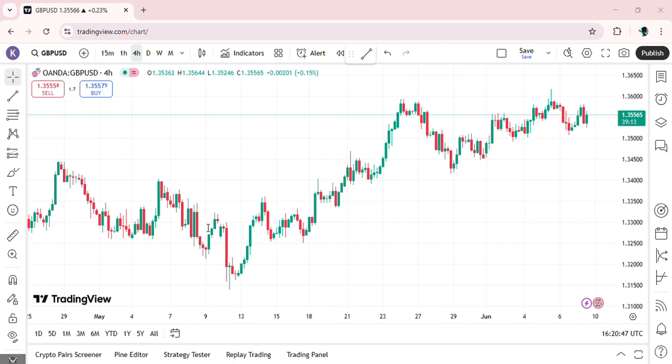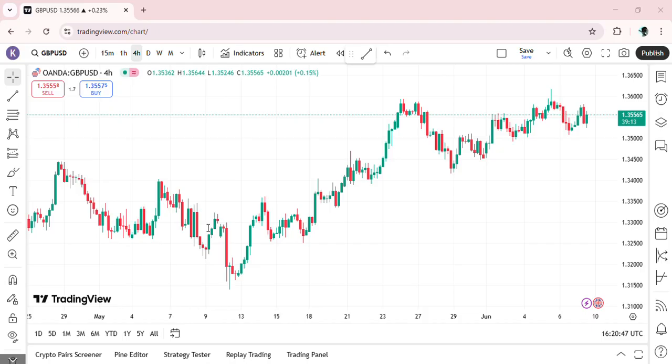Number 4 is about trend reversal signals. You can use them to know when the market is about to change. Let's say the market has been going up. You can use a trend line to know when the market is about to change and start selling. That is about reversal. Reverse is change. Enhancing risk management: they can help you know how to place your stop losses, right?